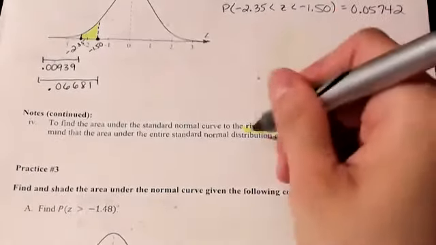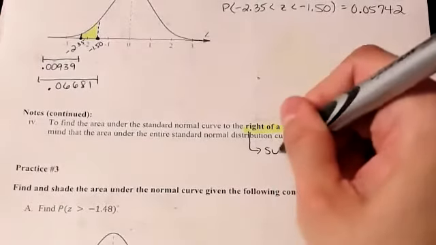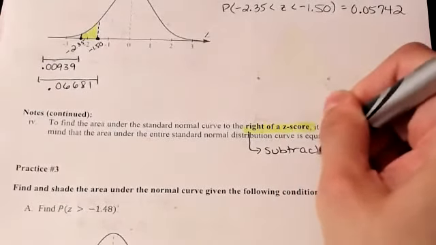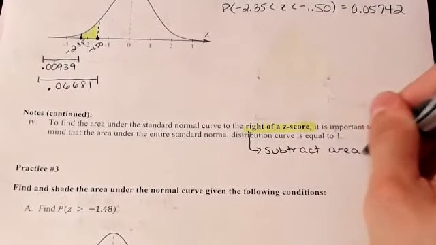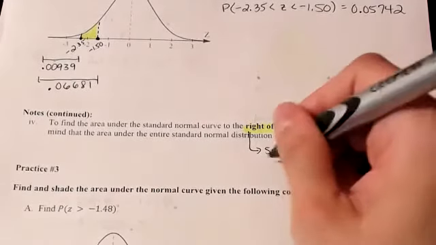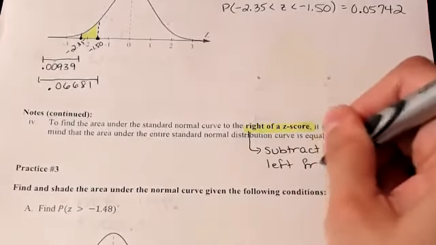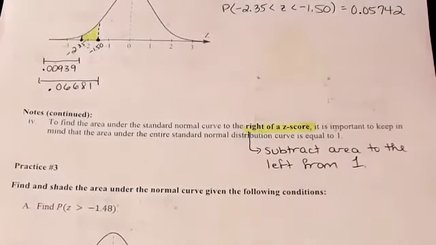So you will subtract the area to the left from 1. Just as a reminder, that's exactly what we're doing. You're going to subtract the area to the left from 1, and that'll give you the area to the right of a z-score. No big deal. I do want to show you another perspective, though.